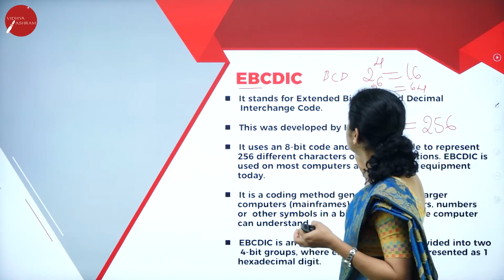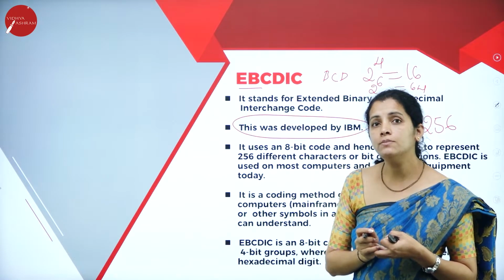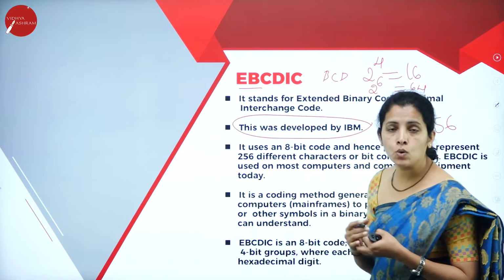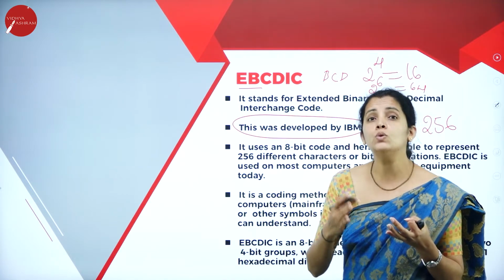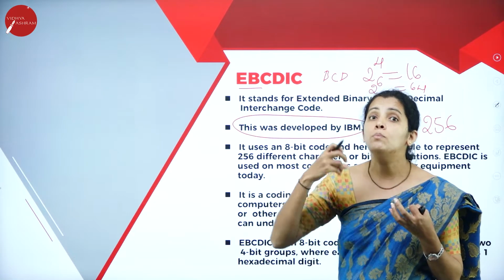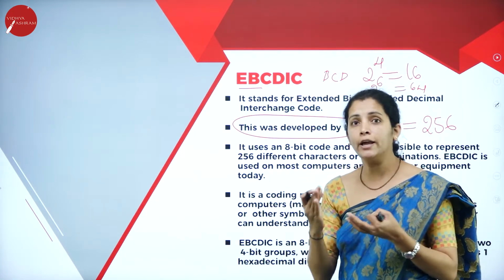That is nothing but binary coded decimal interchange code. So it was developed by IBM, that is nothing but International Business Machines, and it uses an 8-bit code to represent 256 different characters, and it is used by most of the computers as well as most of the computer equipment.